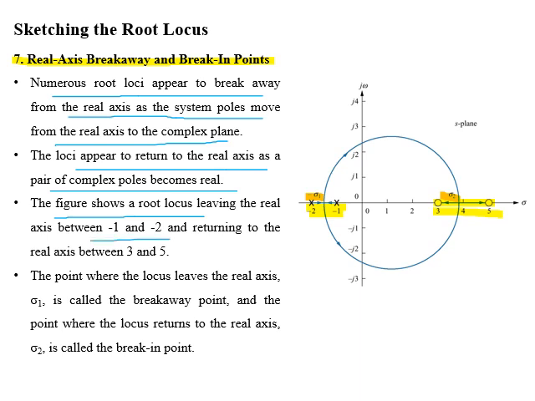Now if you look at point sigma 1, which is between two poles -1 and -2, at this point the root locus leaves the real axis and is called the breakaway point, and the point where the root locus enters the real axis, which is represented by sigma 2, is known as break-in point.